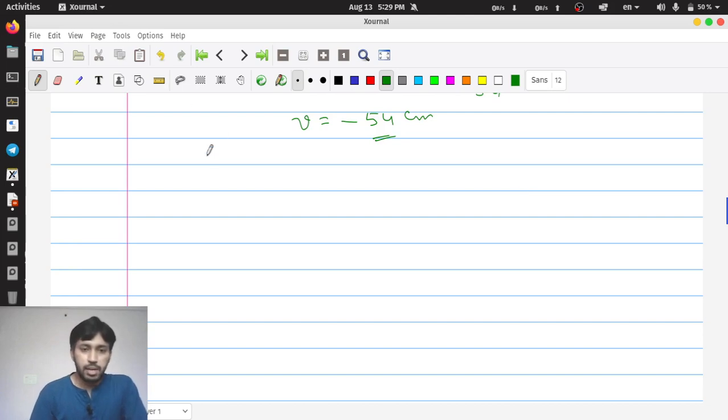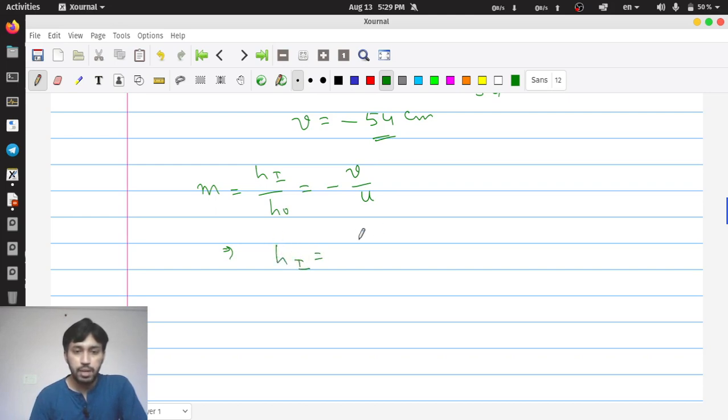Linear magnification, m, you can write it as small m or capital M, whatever. This is basically hi by ho, image height by object height, and this is minus v by u. I am calculating the height of the image. So the height of the image will be height of the object into minus v by u.